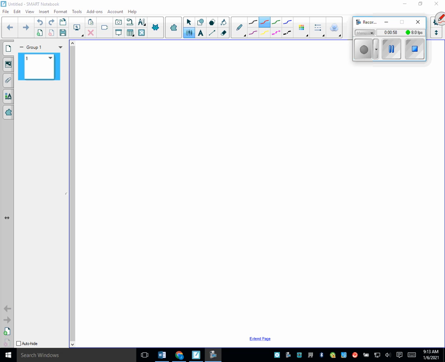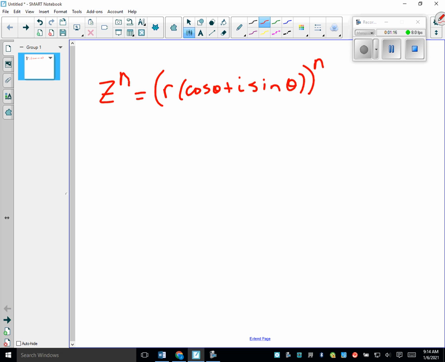Okay, a complex number, remember, was the letter Z. Raised to the n power, which means that basically I have r cosine theta plus i sine theta to the n power. Do you agree with that? Isn't that what that means?